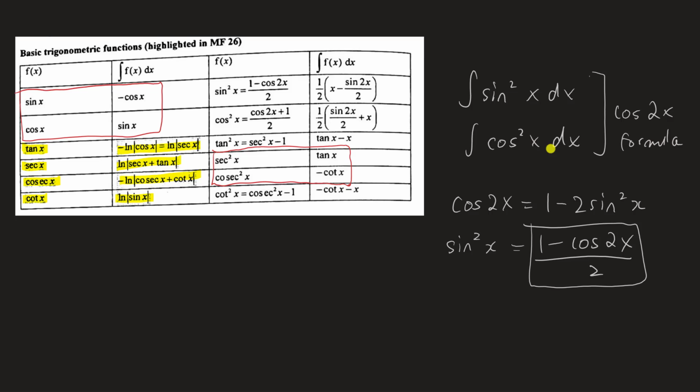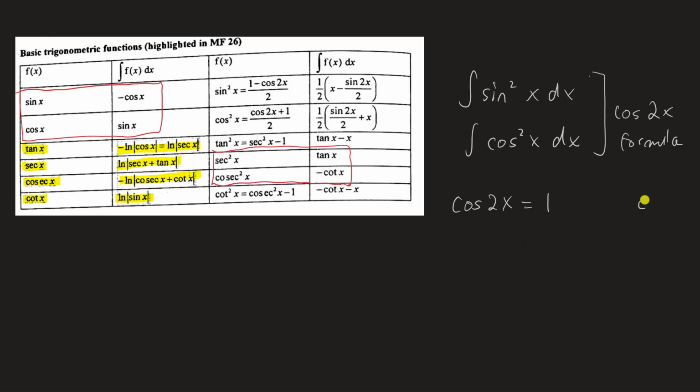Similarly, if you're asked to integrate cosine square x, choose the cosine 2x formula that involves cosine square x. In other words, this one, cos 2x equals 2 cosine square x minus 1, and then you make cosine square x the subject. It will be equal to cos 2x plus 1 over 2.